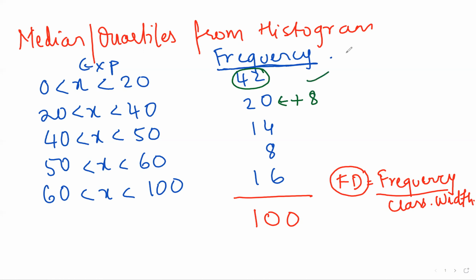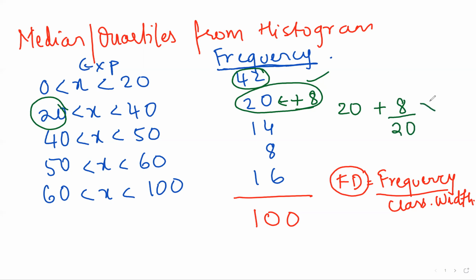So what will be the formula? The formula will be 20, that is the lower bound, plus 8 over 20. That means I'm taking 8 out of 20 from this part into class width.